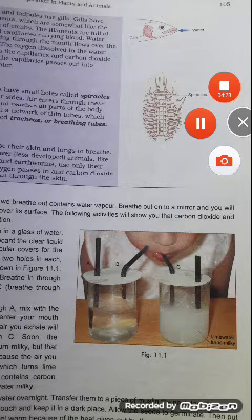Now, internal respiration. Inside the cells, oxygen combines with glucose, that is the simple food, to produce energy.